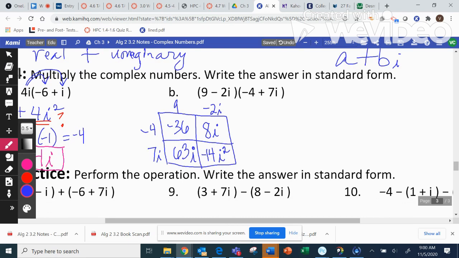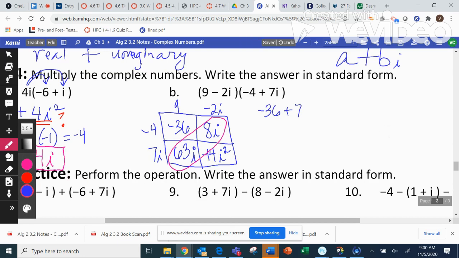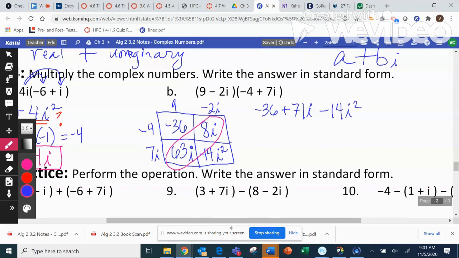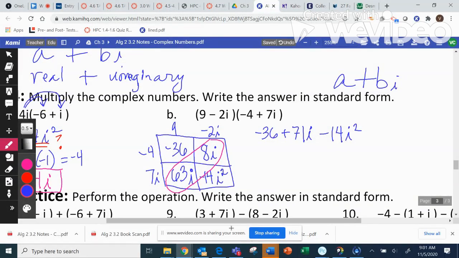So we'll combine like terms, and my middle is going to combine. So we get a -36 plus 71i, and then minus 14i squared. This has to be written in standard form that has a real number plus an imaginary number. So this minus 14i squared can't be there.